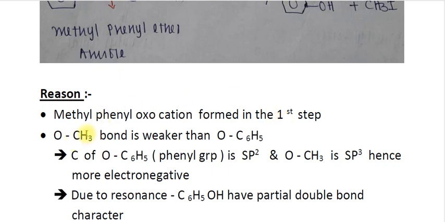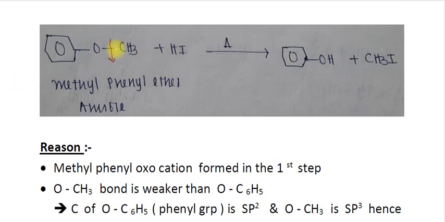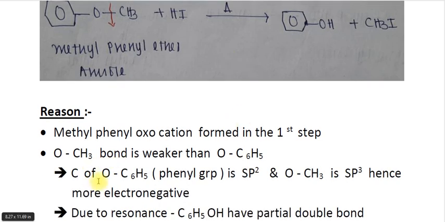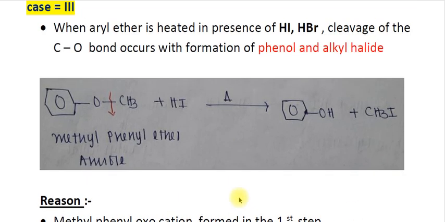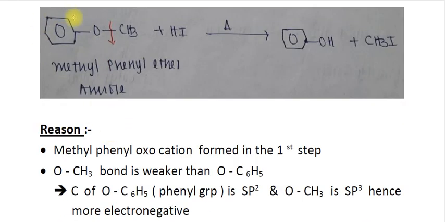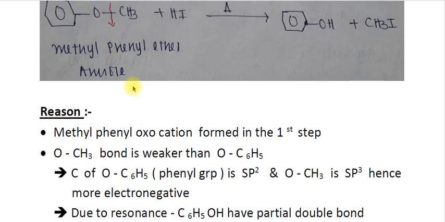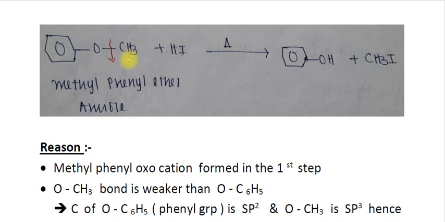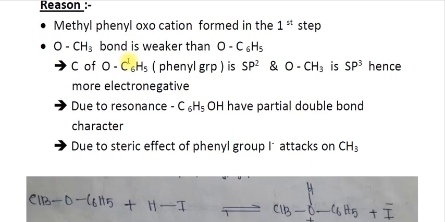Second, the O-CH3 bond is weaker than the O-C6H5 bond. The carbon in O-C6H5 is sp2, while the carbon in O-CH3 is sp3, hence more reactive. Therefore, the CH3 reacts with the I minus.